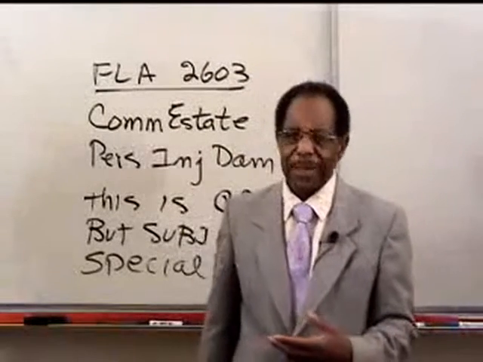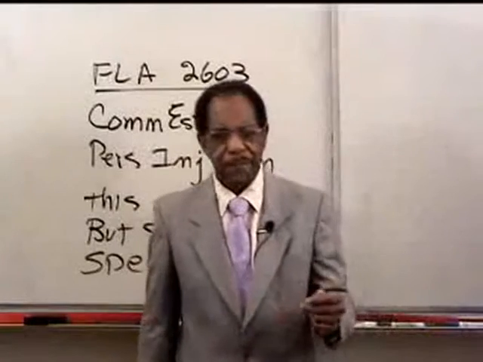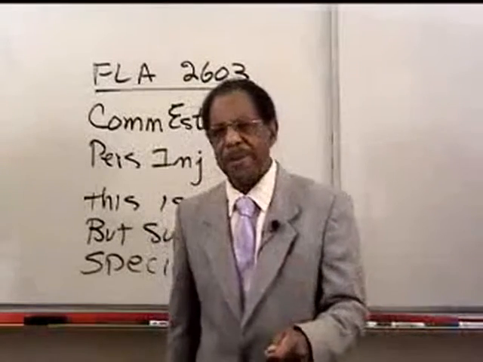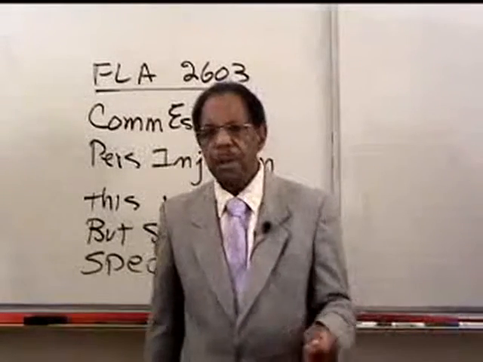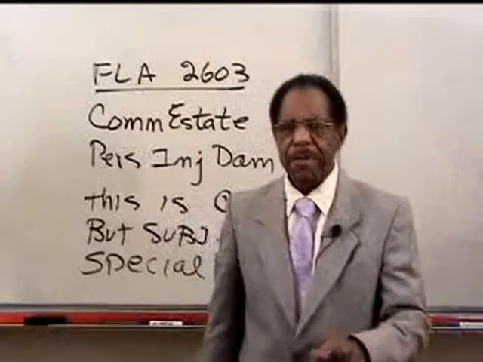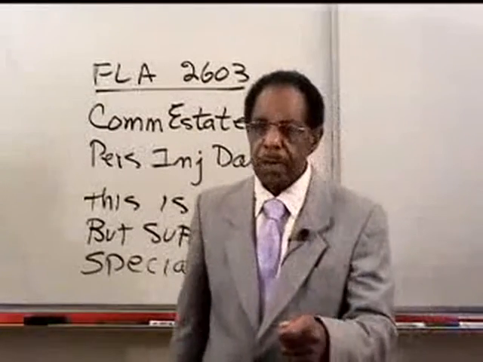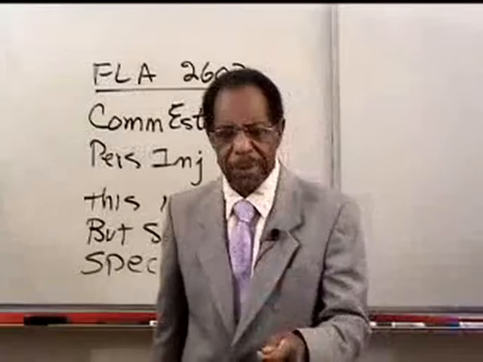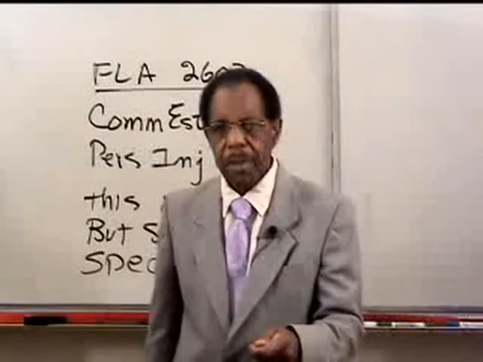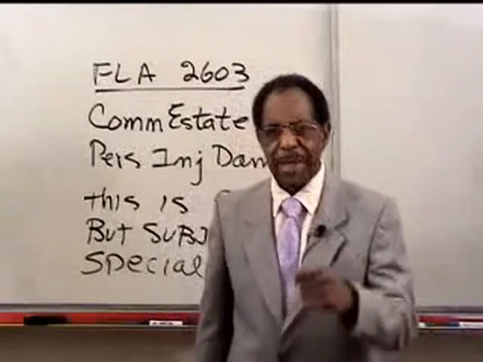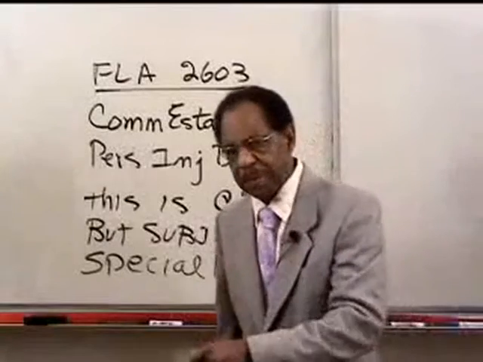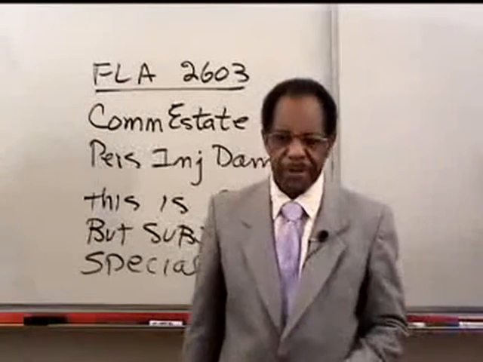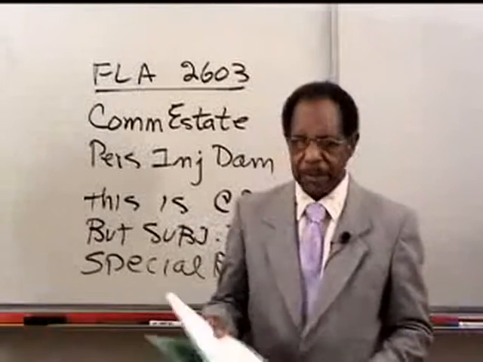But the way they get their money is they go after your separate property first. When that's exhausted, not enough, they can go after the community property next. And when that's used up, they cannot go after the separate property of the non-debtor spouse. And that's how that works.